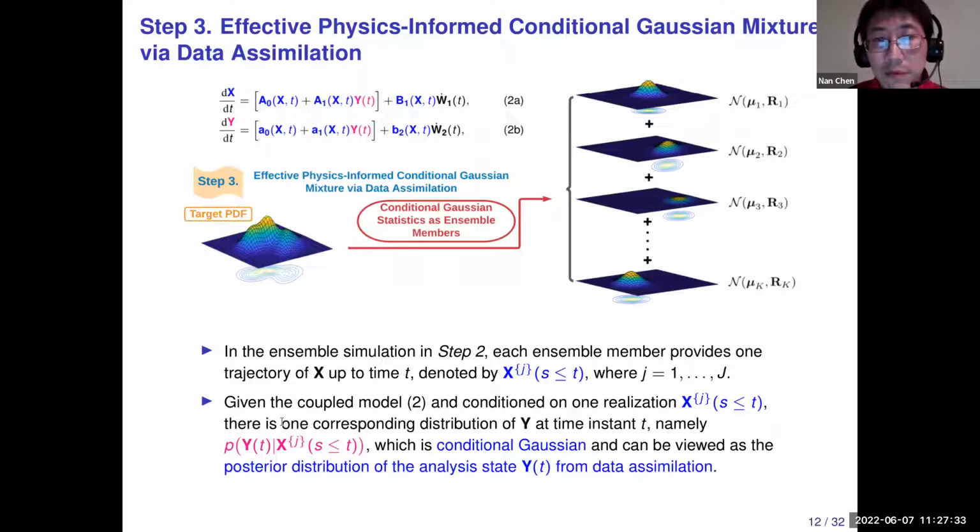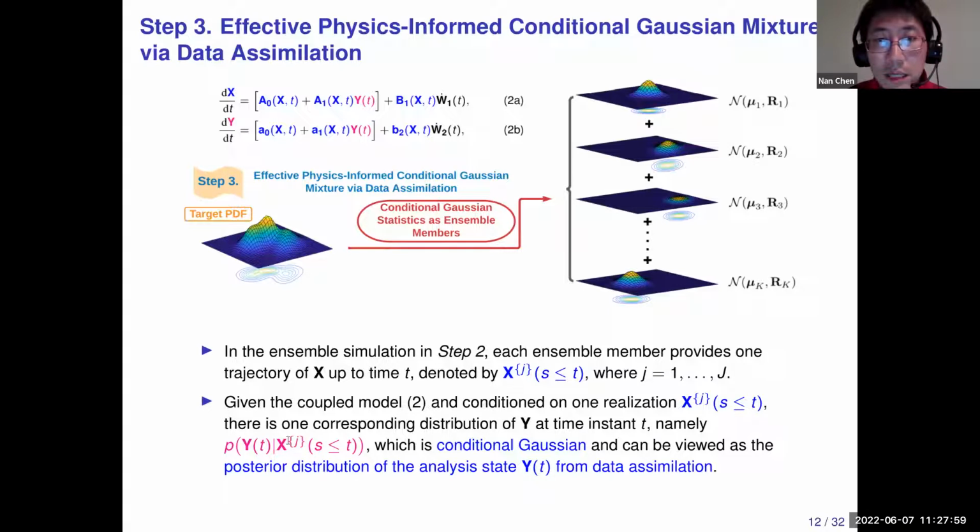And as I mentioned previously, this conditional distribution is a conditional Gaussian distribution. And if you are familiar with data assimilation, then you can view this as a posterior distribution of the analysis state Y given the observation X. So this is kind of a generalized version of the Kalman-Bucy filter, but in a nonlinear way.